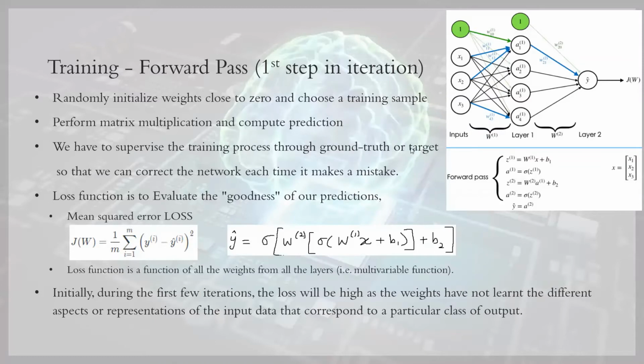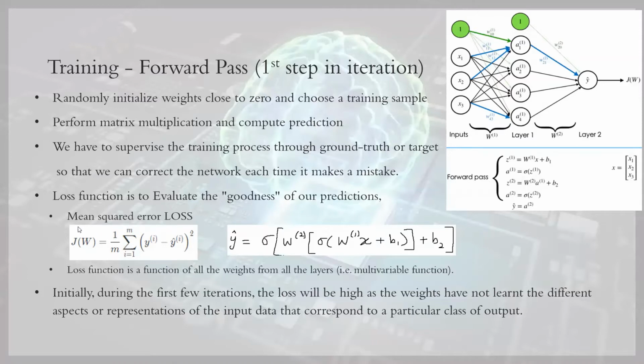Target, ground truth, expected output, these are all the same thing. Then we have this loss called mean squared loss. Actually, there are many losses you can design, but losses have to have certain properties. That's important. For this simple case, let's just use mean squared error.